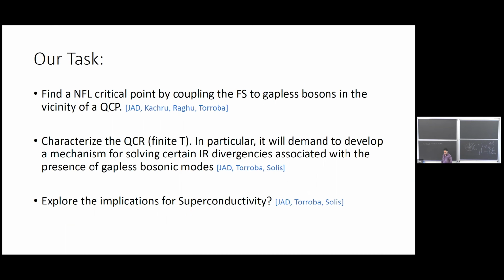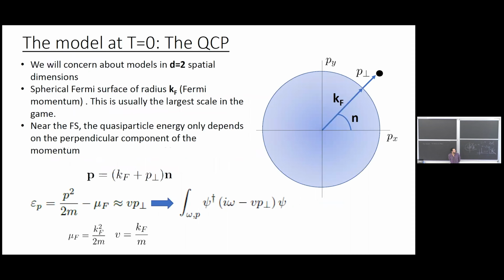And we will see explicitly this competition between quantum and thermal effects manifest in the presence of static bosonic modes. And if there's some time, I will try to comment on implications for superconductivity. So let's go.